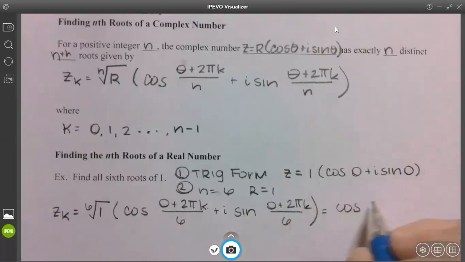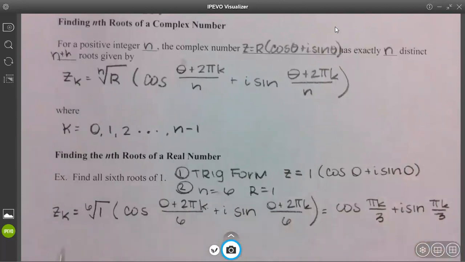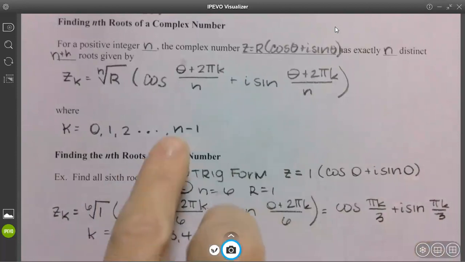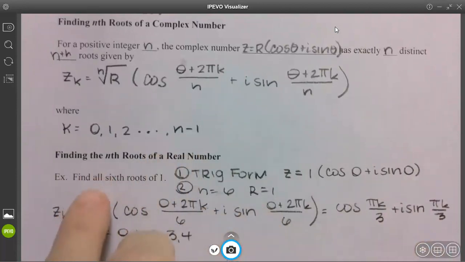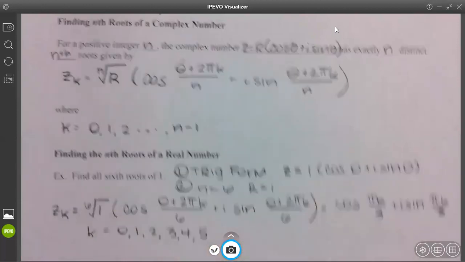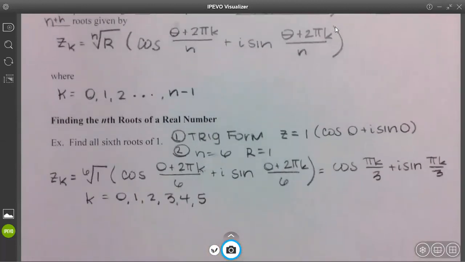So this simplifies to pi k over 3. Remember that k is going to equal 0, 1, 2, 3, 4, all the way up to n minus 1. Since our n is 6, we're going to go all the way to 5.